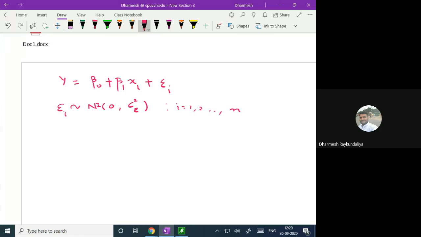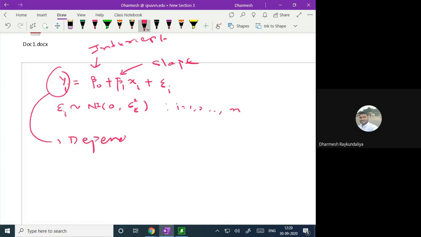Beta 0 is the intercept parameter, and beta 1 is the slope parameter. Y is the dependent variable, and x is the independent variable. So this is nothing but the concept of a simple linear regression model.